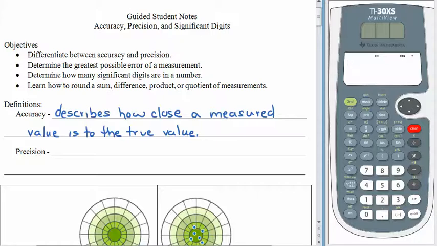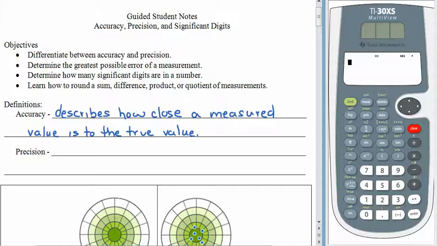But 2 inches is not going to be the exact length of something. The actual exact length, down to as many decimal places that you may want, is completely different from the 2 inches that you said. So that's accuracy. It says how far away is what you said from what the actual result actually is. All right, anyway. Precision is different.